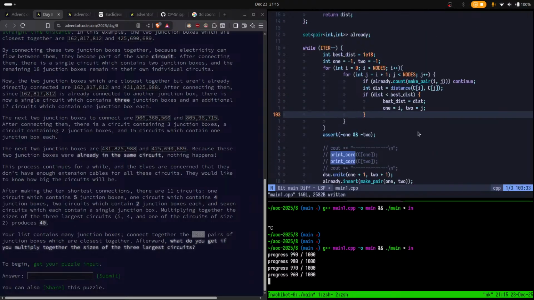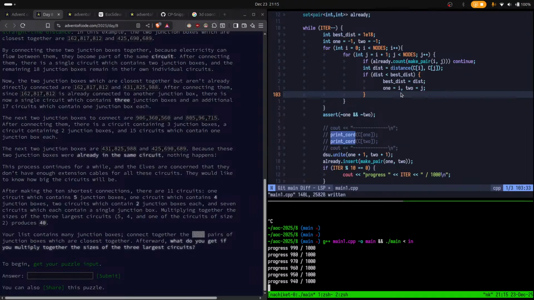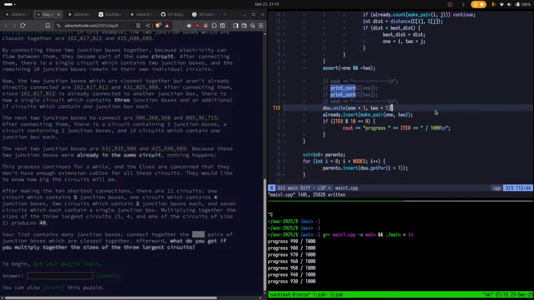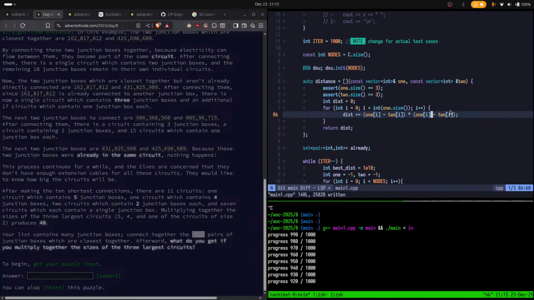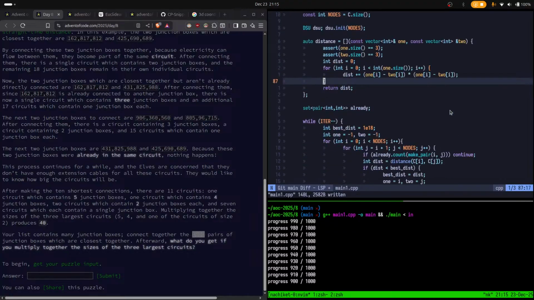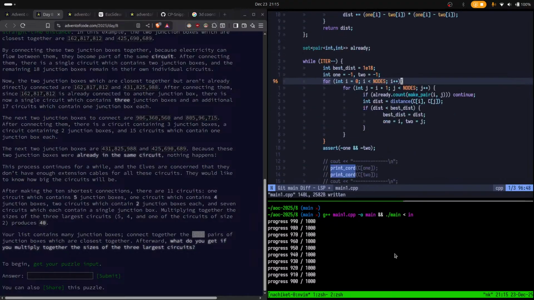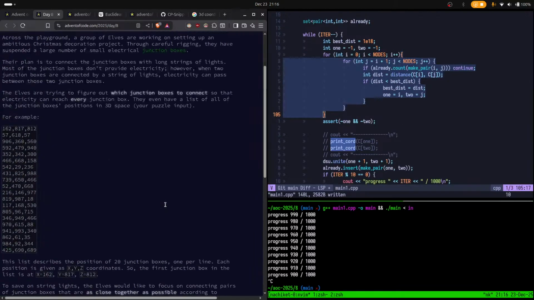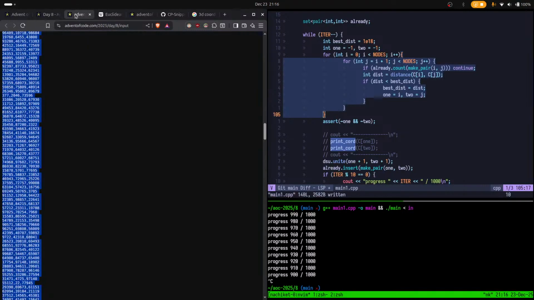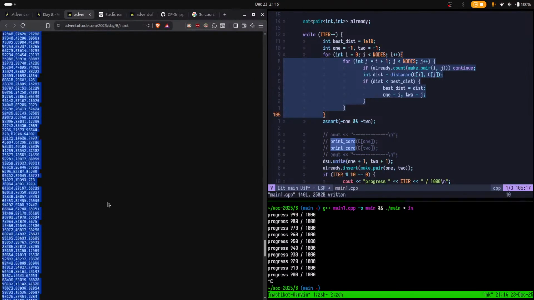Okay, probably this is too slow. Let me think of any optimization that we can do. I think probably this set is slower. And we are still at part one. I think part two will be much more difficult.